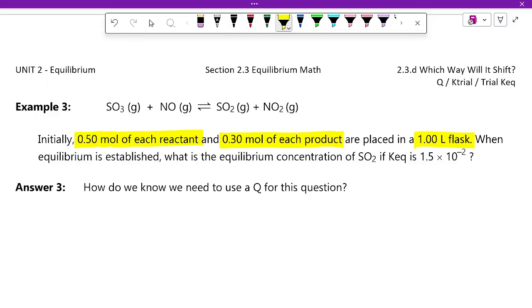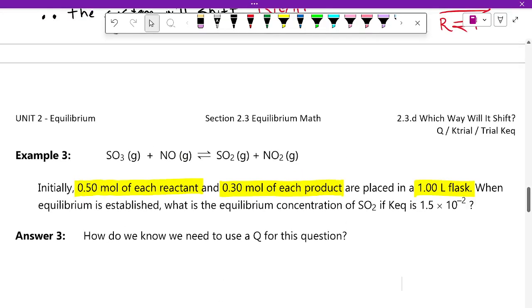But now we are asked, we aren't even asked in this question, it doesn't say which way does it shift. But if you think about it, we have 0.5, we have 0.5, we have 0.3, we have 0.3.